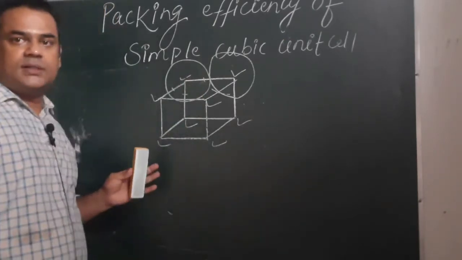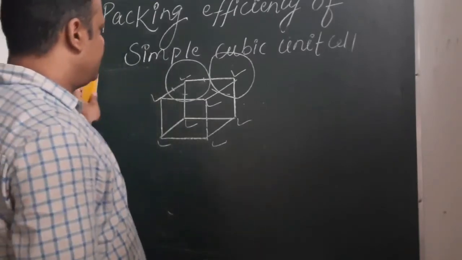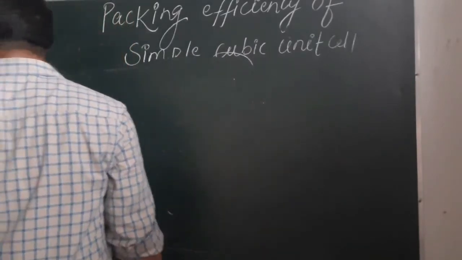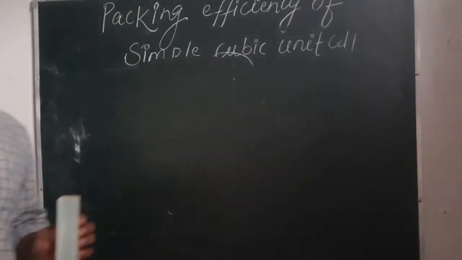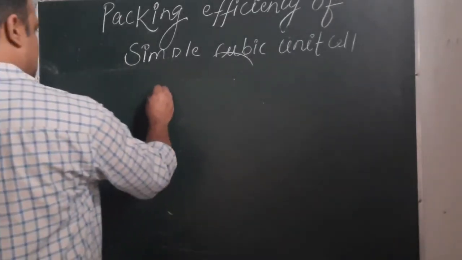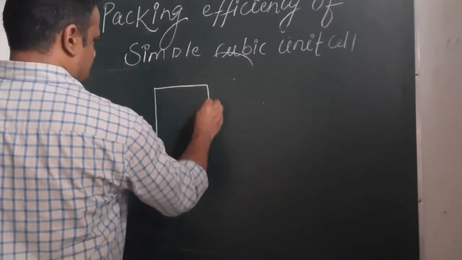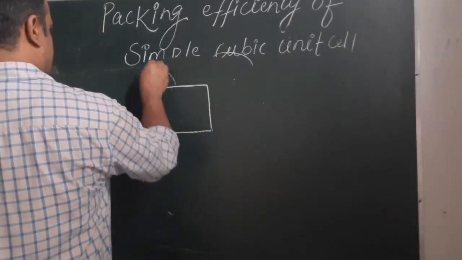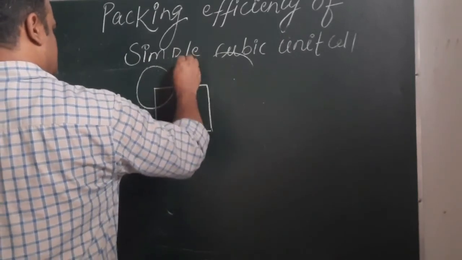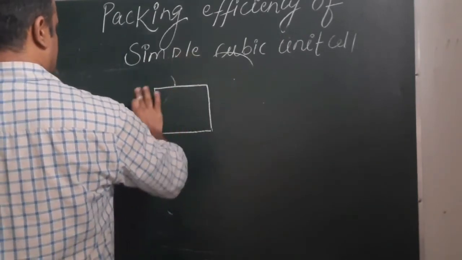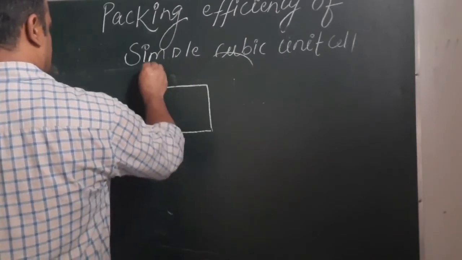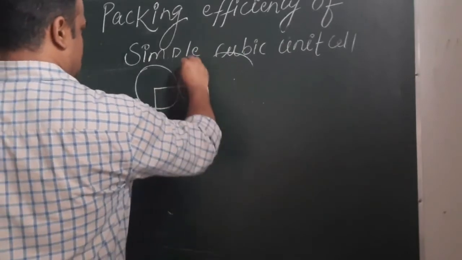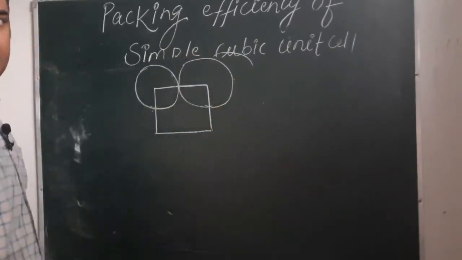To understand the packing efficiency, we can represent this in 2 dimensions also. If we represent it in 2 dimensions, then we have a square, and at two corners of this square we have two atoms or constituent particles.